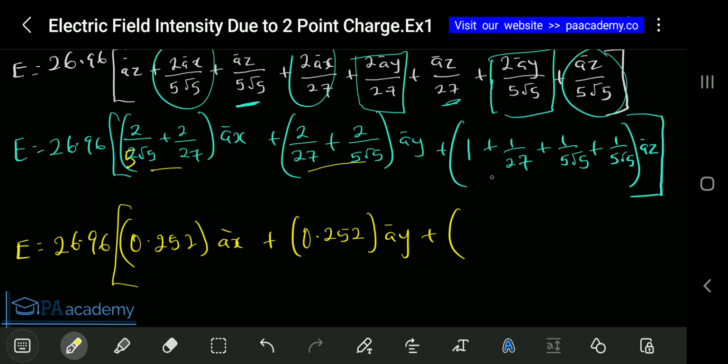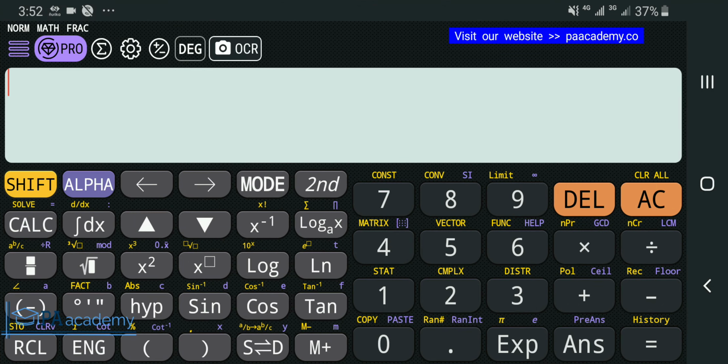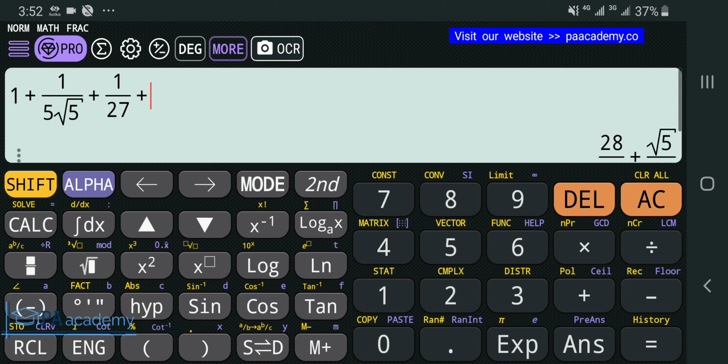Then, if we do the same thing for what we have here, quickly: that's 1 plus 1 over 5 root 5, then plus 1 over 27, then plus 1 over 5 root 5.